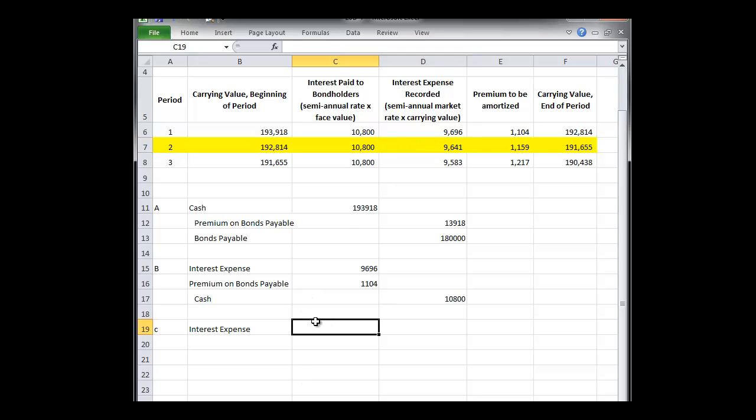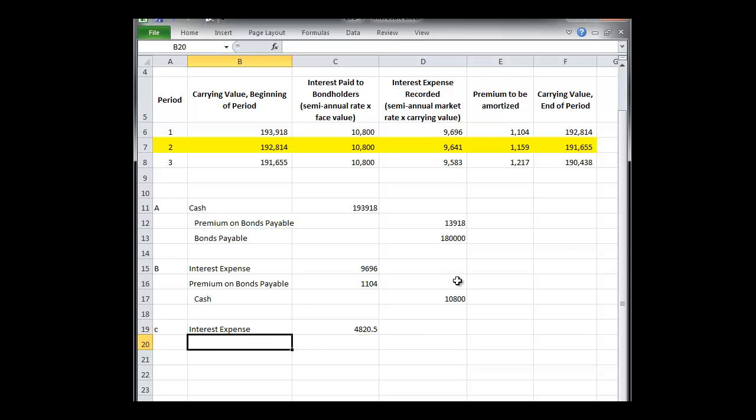So we need half of that 9,641. So I'm just going to divide that by 2. Okay, so these cells I don't have to round, so please just excuse that. That has the pennies there. That's okay for the moment.